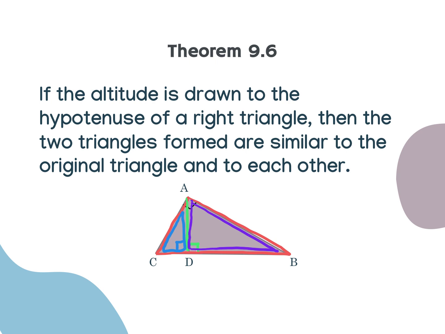Now, what you're going to be asked to do on the quiz and in the homework is to write a similarity statement for the three right triangles. If it helps you to pull them apart so you can see the corresponding sides a little bit better, then I recommend you do that.